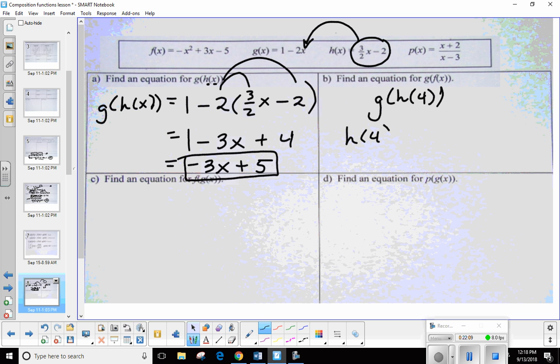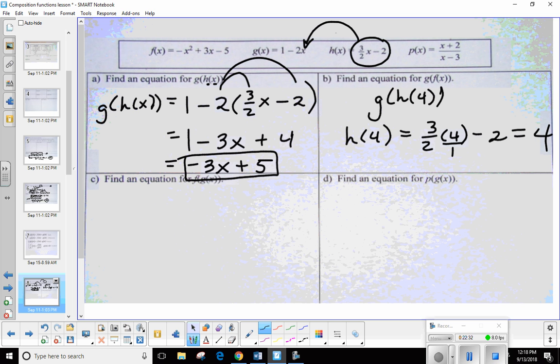H of 4 would equal 3 halves times 4 minus 2, right? So let's say, just like we talked about, I want to multiply a fraction by that integer. So 12 halves would be 6. And what's 6 minus 2? 4. So I plugged in a 4, and I did get a 4 out, right? Now remember how the composition works.